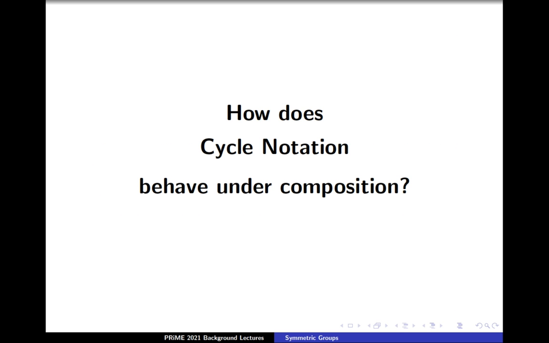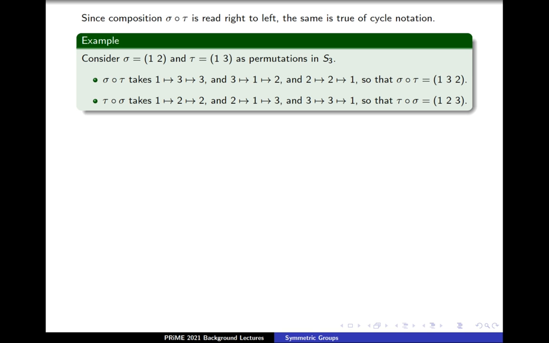Okay, next we can ask, how does cycle notation behave under composition? Since the composition sigma composed with tau is read from right to left, the same is true of cycle notation. Let's do an example.